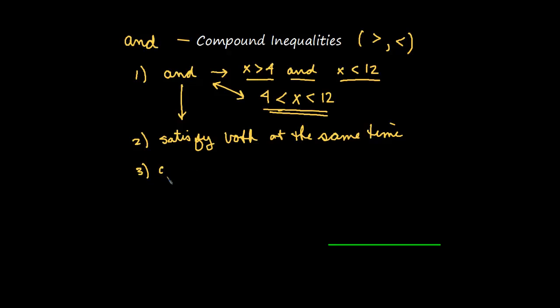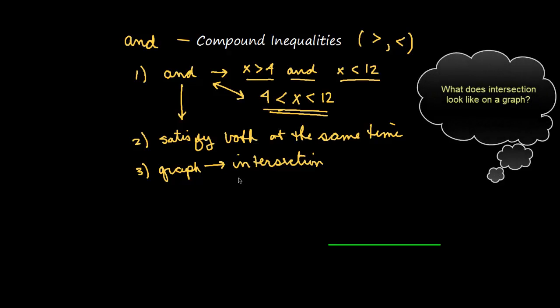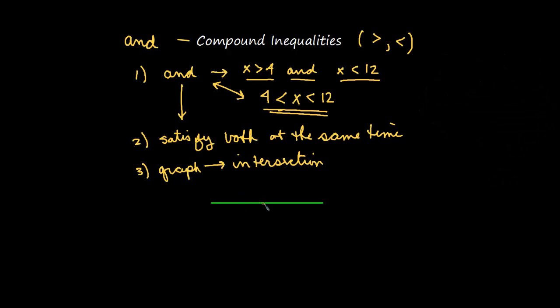Graphically speaking, the word AND is the intersection of the two inequalities. So let's take a look at that. This will give us a picture of what the AND inequality should look like when we graph it. So let's go ahead and graph this AND inequality. I have an inequality that x is greater than 4.